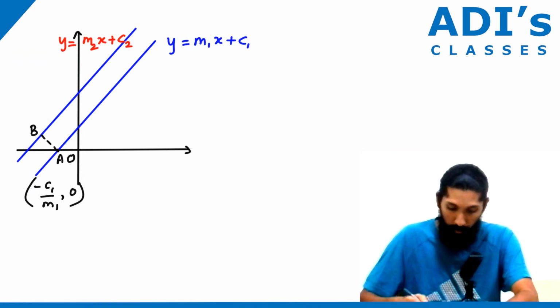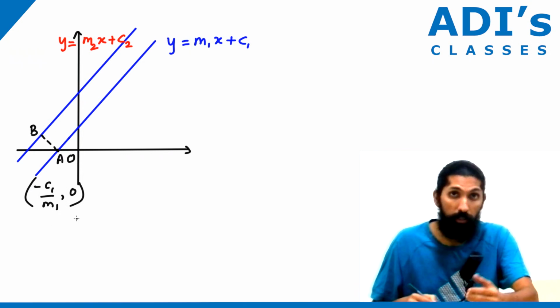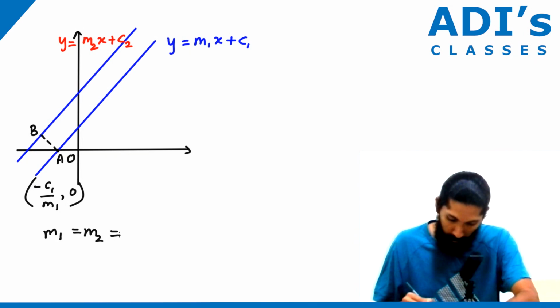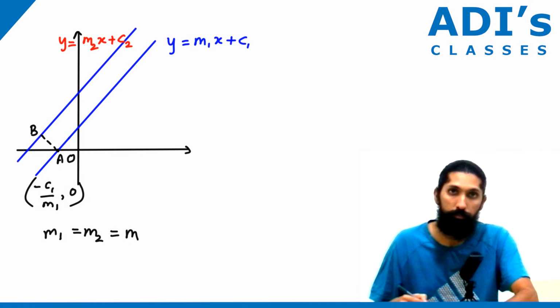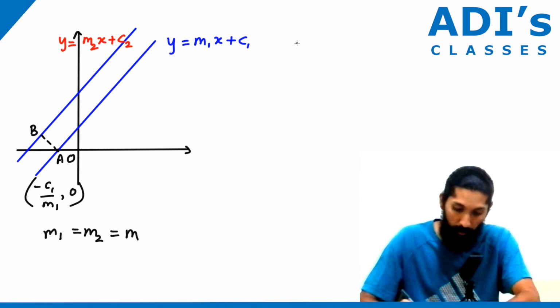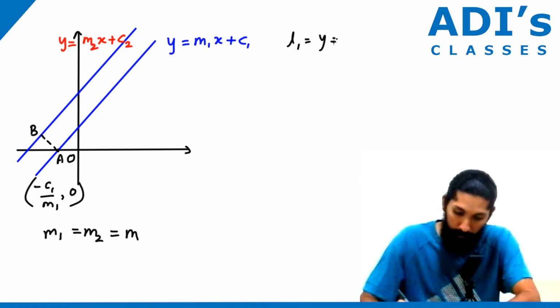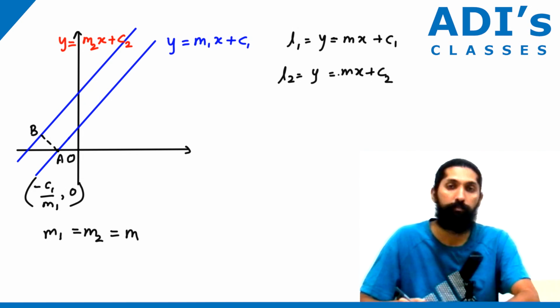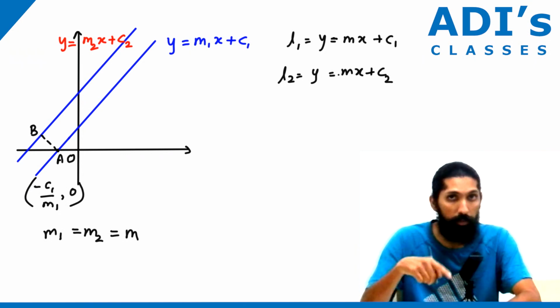So we can say m1 is equal to m2, equal to m. That means the first line L1 becomes y is equal to mx plus c1, and L2 is y is equal to mx plus c2.